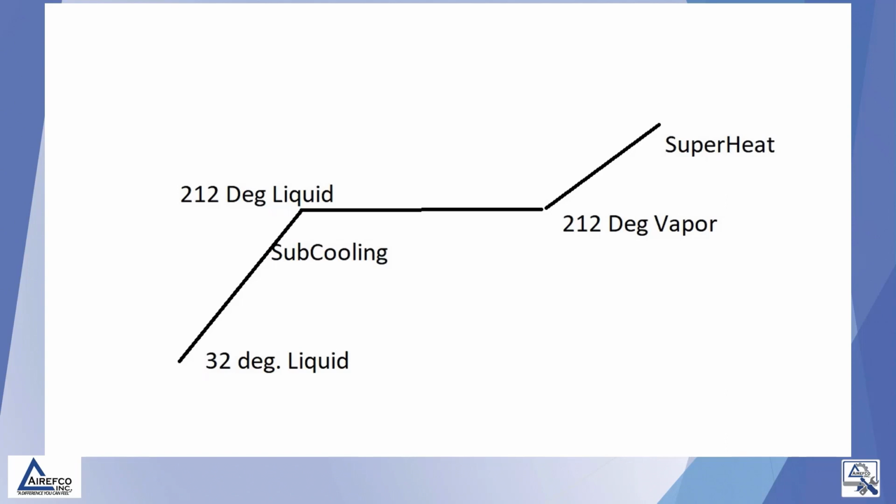This is what we're talking about with a single component refrigerant, and that there is no glide on a single component refrigerant. The bubble point and the dew point are the same at 212 degrees. The temperature and pressure does not change. So keep this in mind as we're looking at these different refrigerants and the glide, or the difference in the temperature.